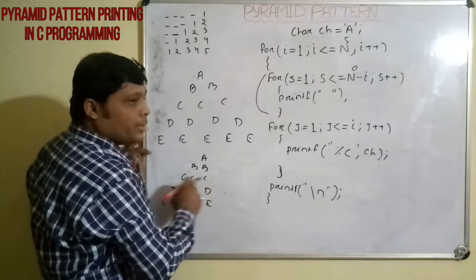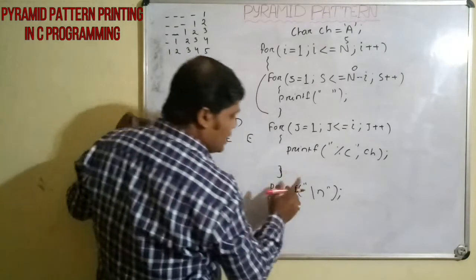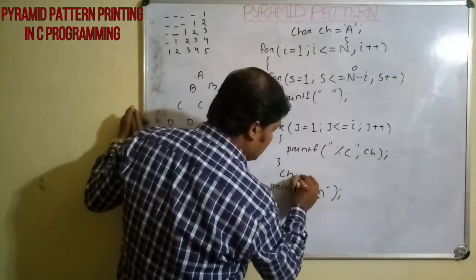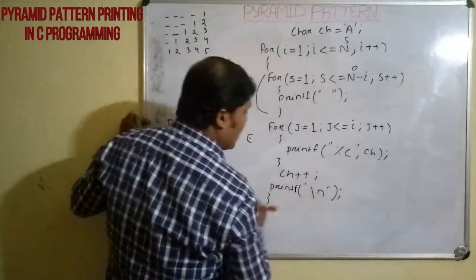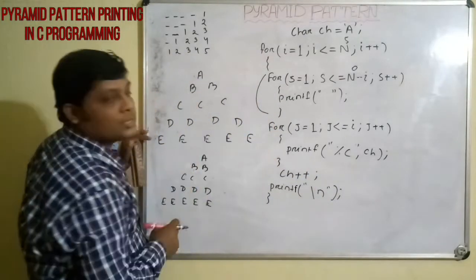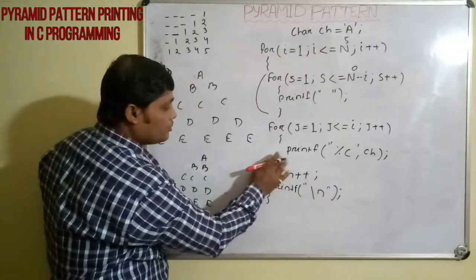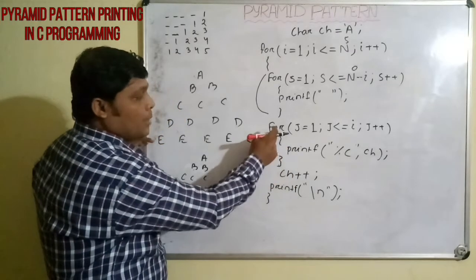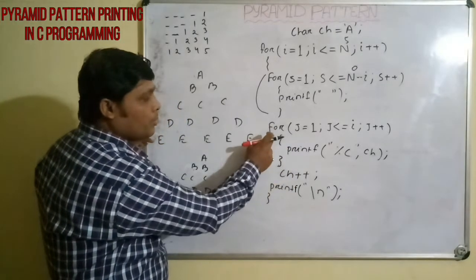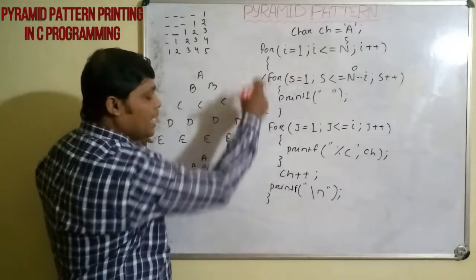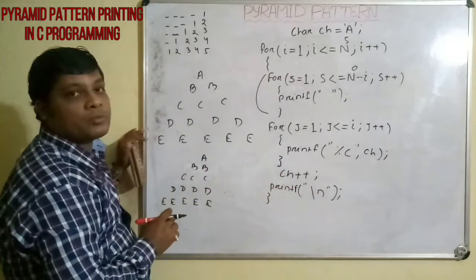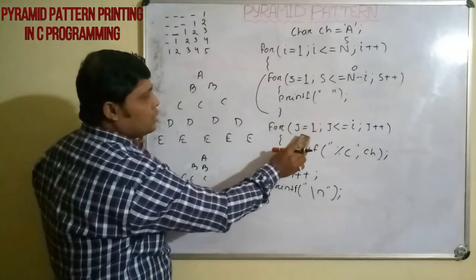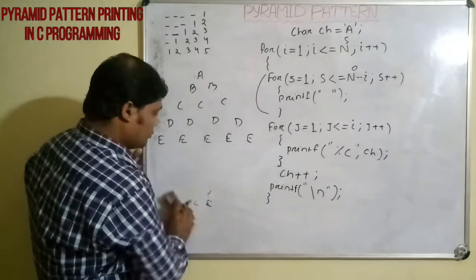When I value is 3, it will be incremented to C. So ch equal to ch plus 1, or ch plus plus, we will write inside the I loop but outside the J loop. This is the end of the J loop. So after completion of the J loop, outside the J loop but inside the I loop, I have to write ch plus plus. Clear?